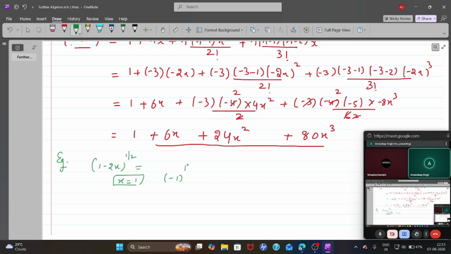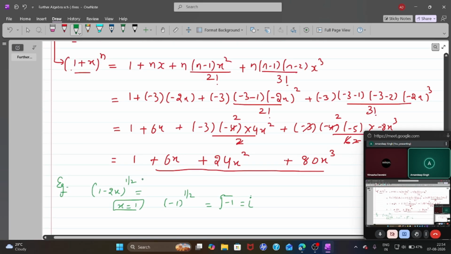Minus 1 to the power 1 by 2, which is the square root of minus 1, iota. Though we have learned complex numbers, here we are talking about real numbers. So it will not exist. So for every value of x, this expansion doesn't exist. Then the question is for what values of x this expansion will exist.